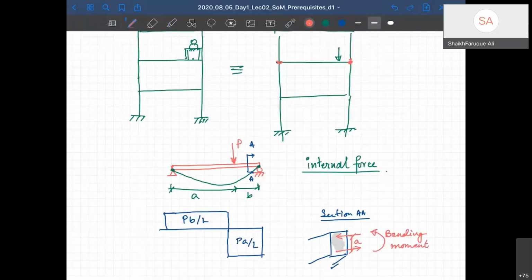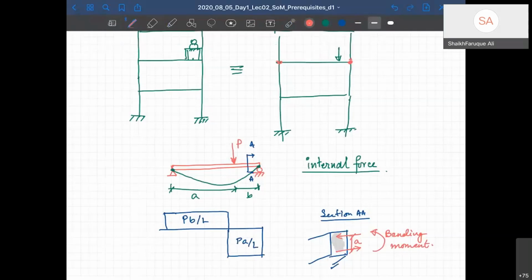We'll deal with this more in the second part of this course, but for your understanding, a bending moment or a bending force or bending stress is an axial stress. It acts along the axis of the structure, but they form a couple, and that's why they form a bending moment. So this is an internal force. Now, structure or material fails not due to external load, but due to internal load.